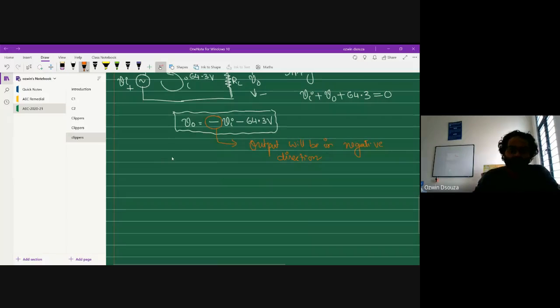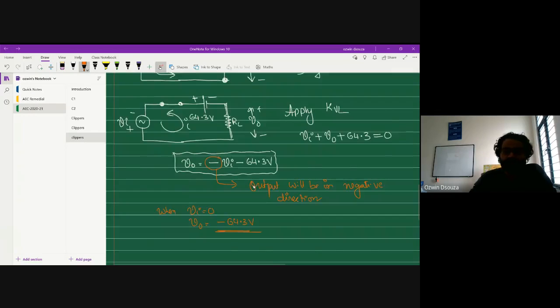So in the negative half cycle, when your input is 0 volt, that means when your negative half cycle is just about to begin, what will be the output voltage? Minus 64.3 volts.